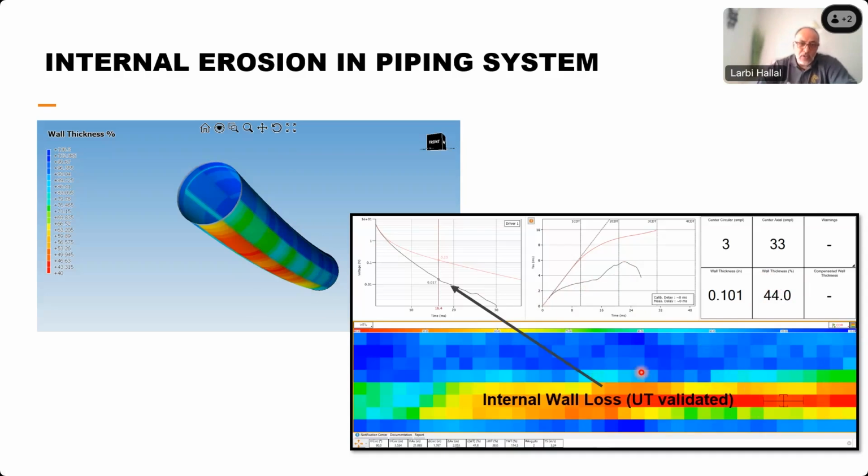And of course, the additional UT inspection you will perform will give you a more accurate value for the remaining wall thickness compared to what PEC can give you. I remind you, PEC is giving plus or minus 10% accuracy in the remaining wall sizing, provided that the defect is larger than the footprint.